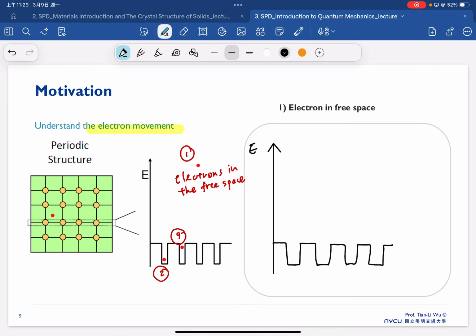To consider the electron in the free space, we can make the assumption that all this periodic potential is equal to 0. If this potential is equal to 0, that means our electron is moving in the free space.